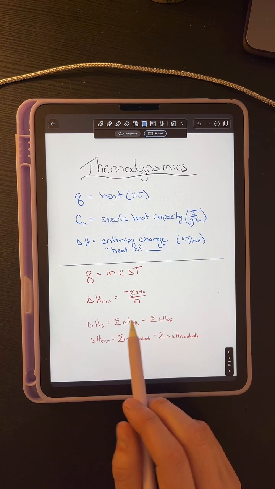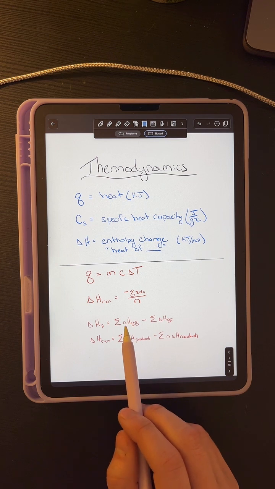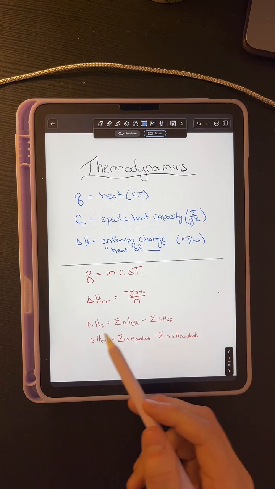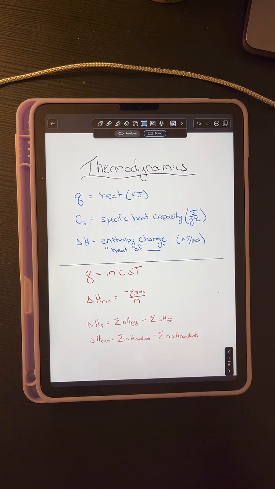So we have the enthalpies of all of our bonds broken added together minus the enthalpies of all of our bonds formed. And so this will tell us exactly about something that is endothermic and exothermic.